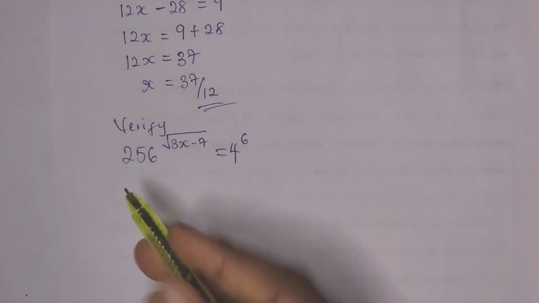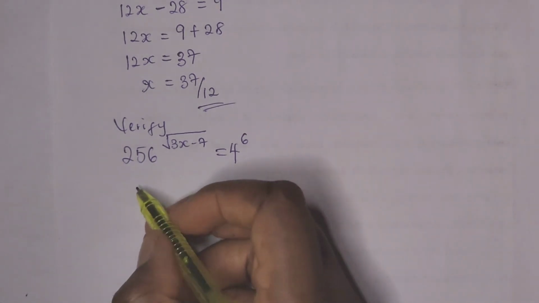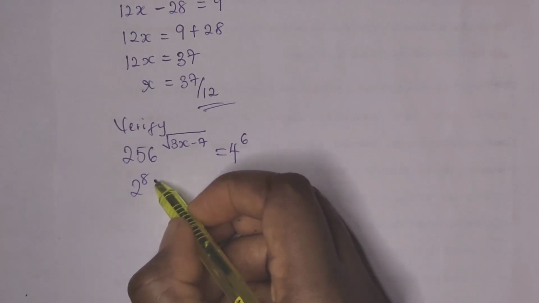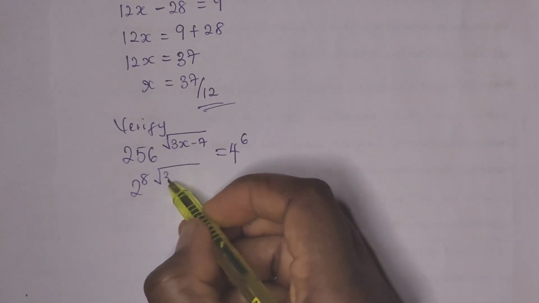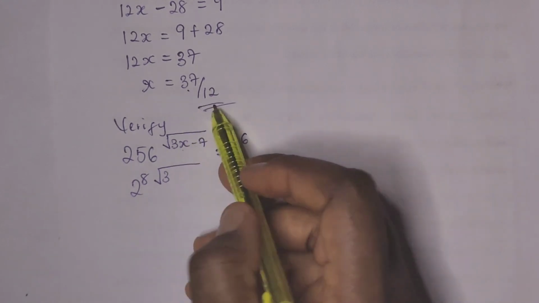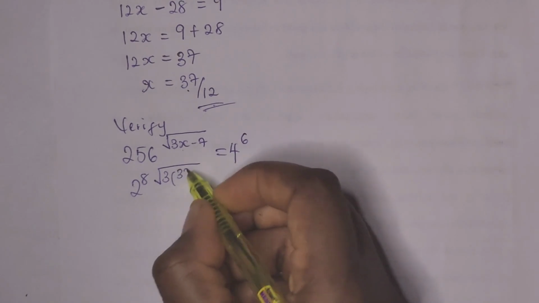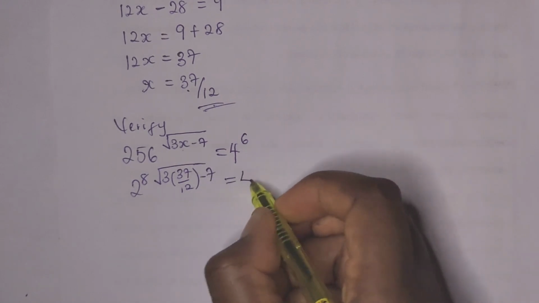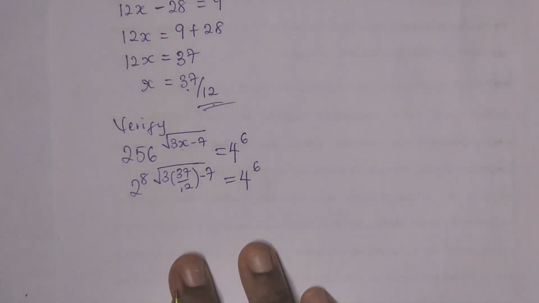So reducing this, we have 2 to the power of 8 root 3. Remember our x is 37 over 12. We have 37 over 12 minus 7 all equal to 4 to the power of 6.